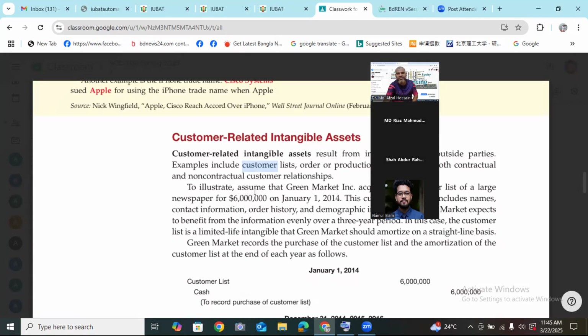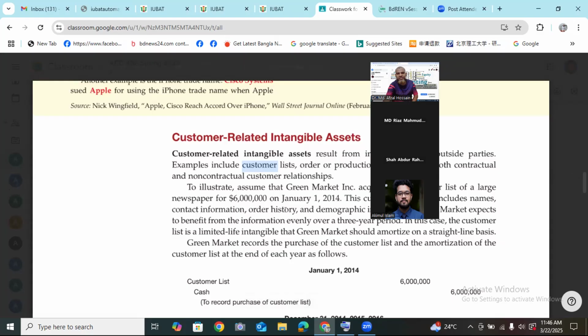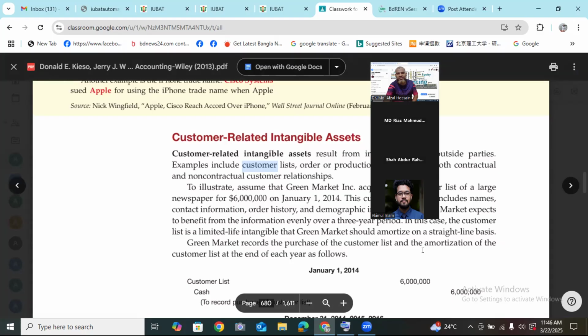There is an example to illustrate. Assume that Green Market Incorporation acquires the customer list of a large newspaper for $6 million on January 1, 2014. This customer database includes names, contact information, order history, and demographic information.